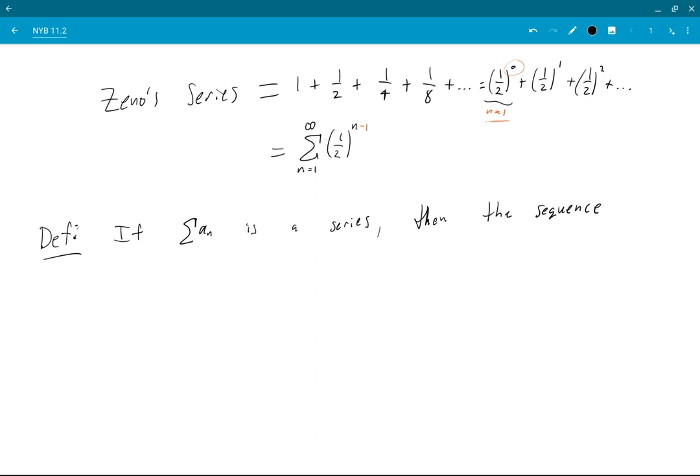So we'll say S1 is equal to A1, S2 is equal to A1 plus A2, S3 is equal to A1 plus A2 plus A3.